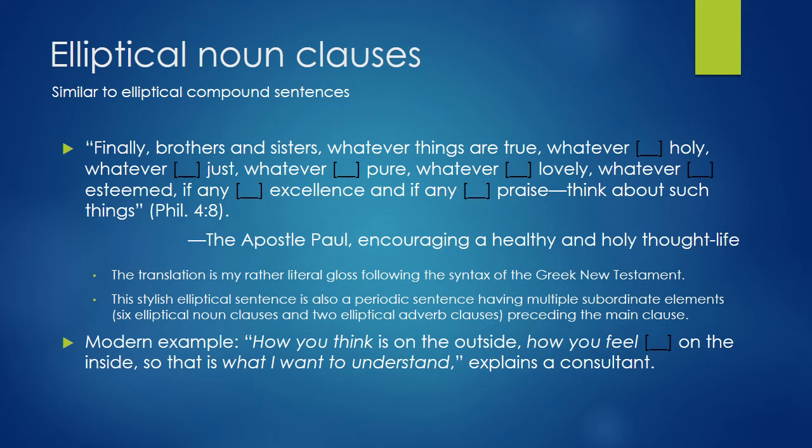Well, the translation is my rather literal gloss following the syntax of the Greek New Testament, because in most English translations they spell out each of the noun clauses, but in Paul's original he's composed it of several elliptical noun clauses. And this stylish elliptical sentence is also a periodic sentence having multiple subordinate elements. That is 6 elliptical noun clauses and 2 elliptical adverb clauses preceding the main clause, which comes last.